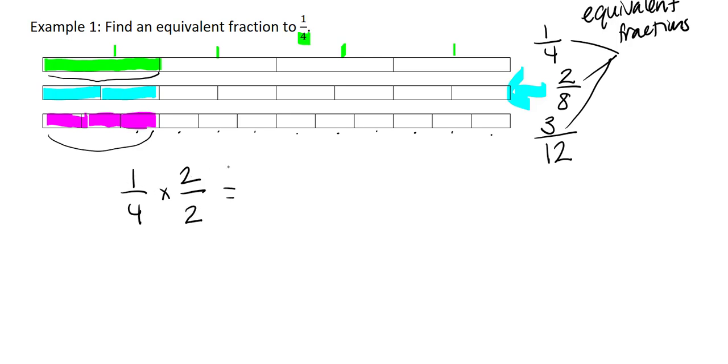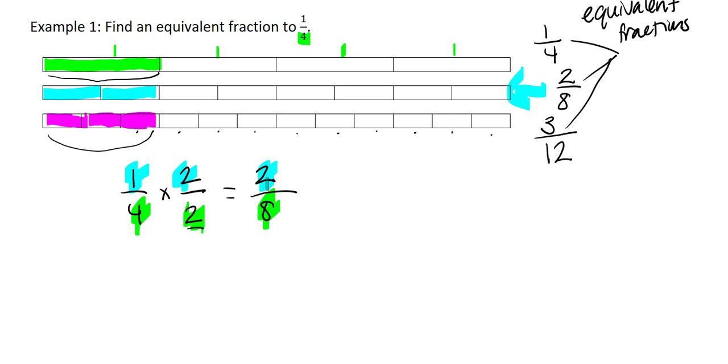So 1 times 2 is 2. 4 times 2 is 8. So you can see we just multiplied what's on the top, and then we multiplied what was on the bottom to get this number, and then on the top we got the 2.